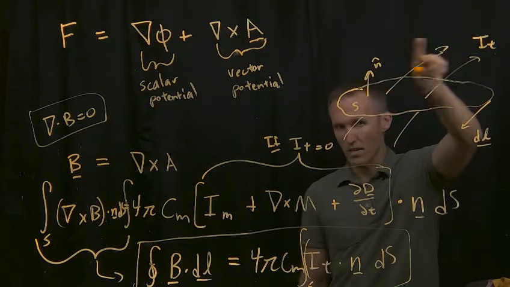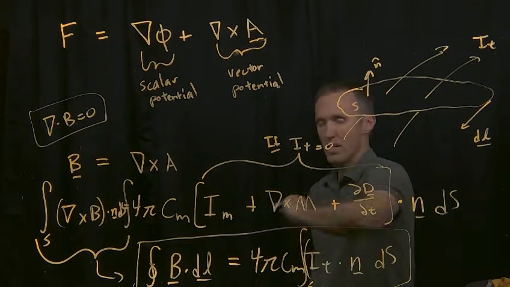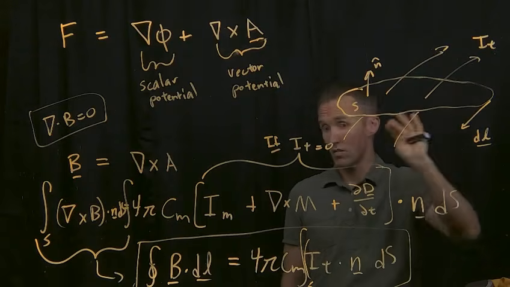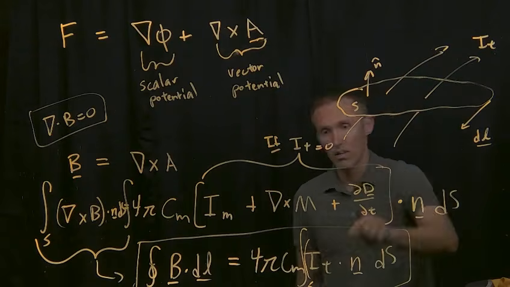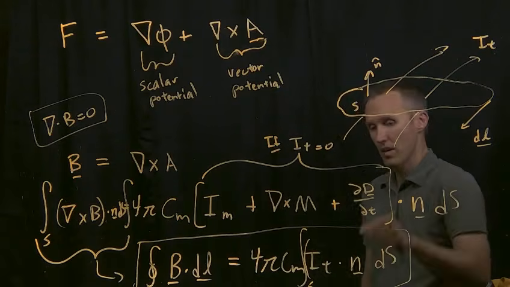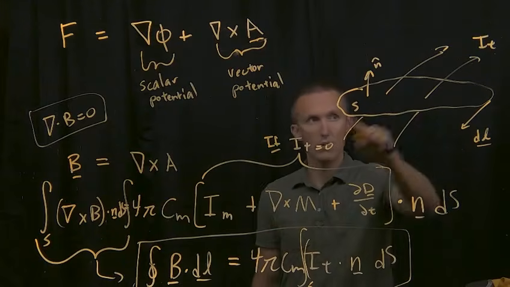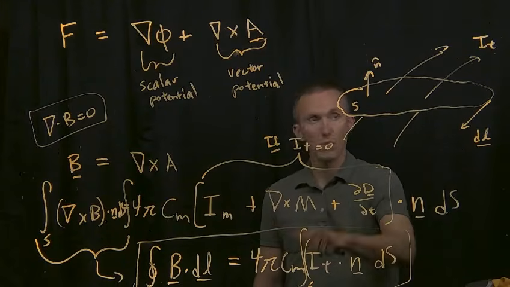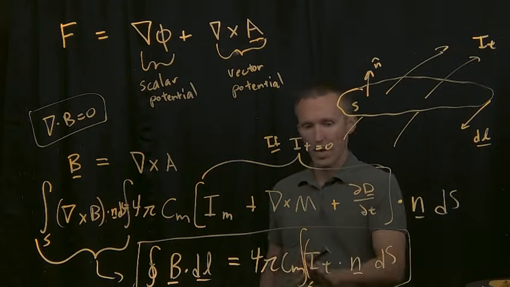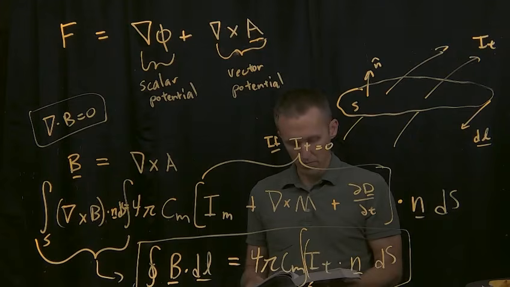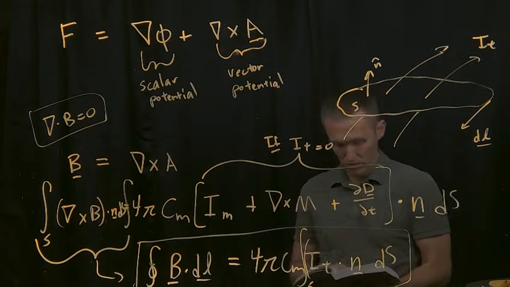So if we have a loop of wire, and we integrate the magnetic field around that loop, and there are currents flowing through the loop, those two things have to be equal. The integral of the field around the loop is going to equal the currents flowing through it. So we have this relationship between magnetic field and currents.